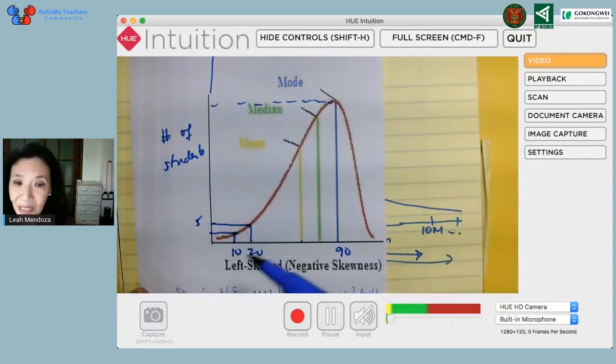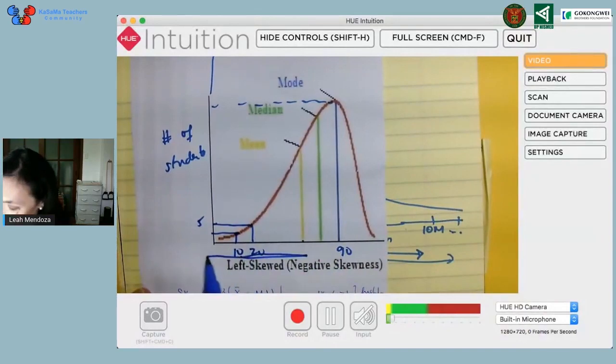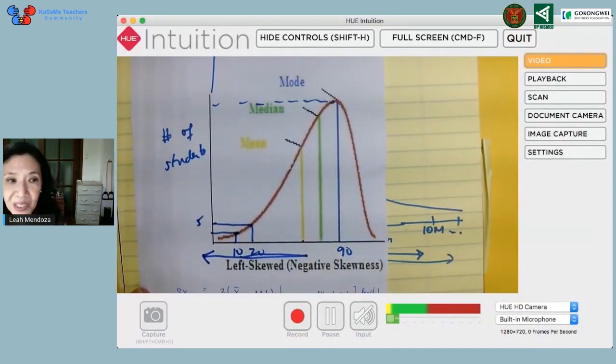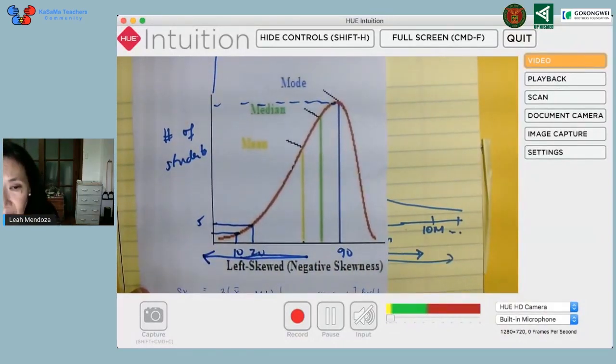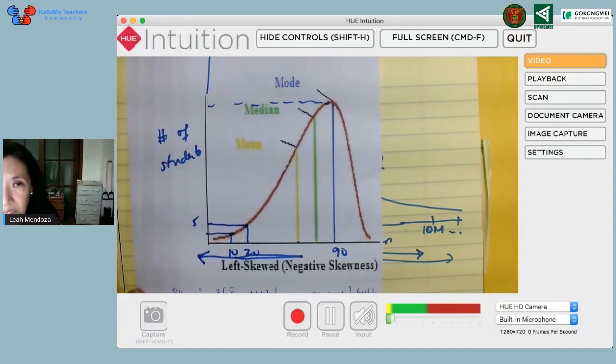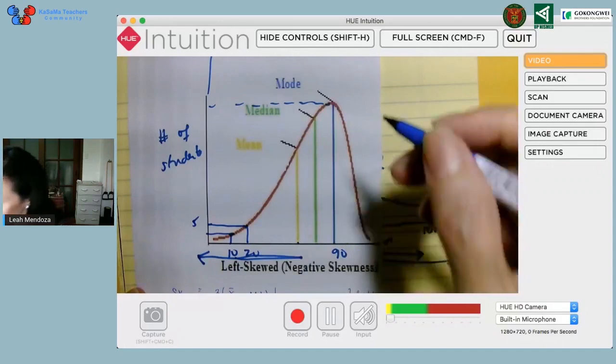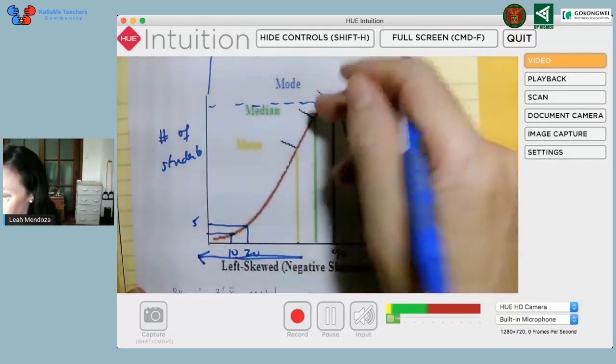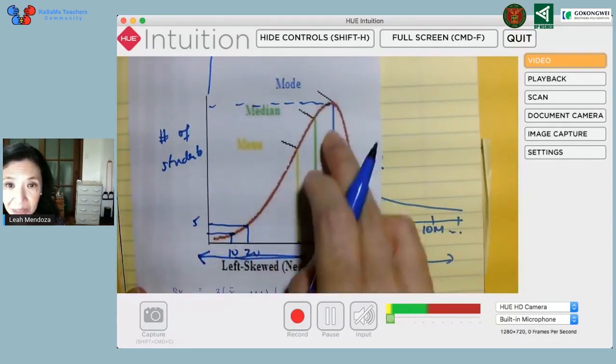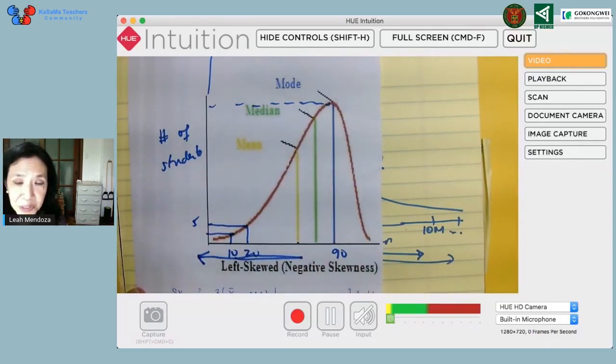Okay, what happens? The mean is pulled in this direction. It is pulled in the direction of the very, very low scores. That's why, in this case, that's the mode. That's the mean. The median, just a positional measure, is not affected by extreme values.